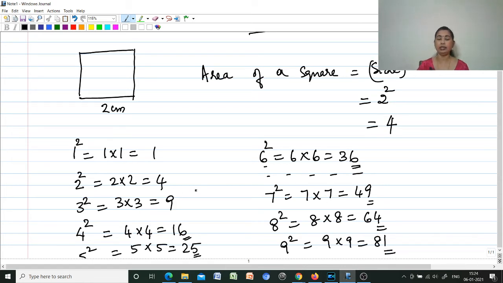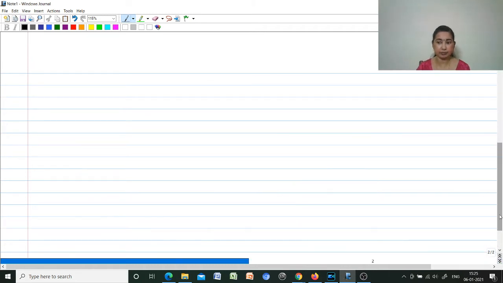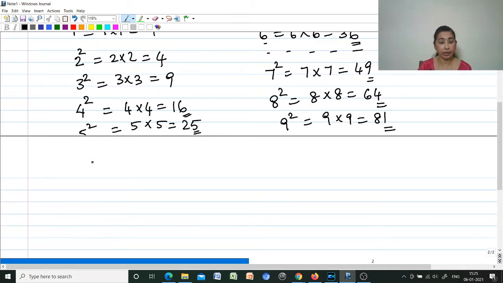So what can you generalize from this? The square of any number will be ending in 1, 4, 9, 6 or 5. Are any other numbers coming in the unit place? Just check it. What about 11 square? It is 121.